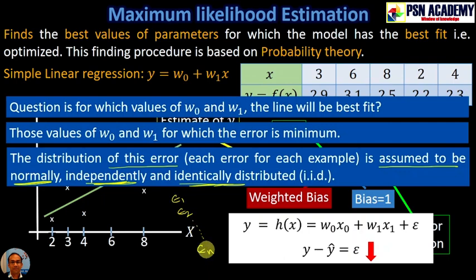So you have n data points or n examples, and you have n errors like this. Now this set of data, these epsilons, are normally distributed. That means as you go towards the middle, the frequency density goes high, and as you go to the ends, your frequency goes lower. So in such a kind of distribution, we have to assume the epsilons are.